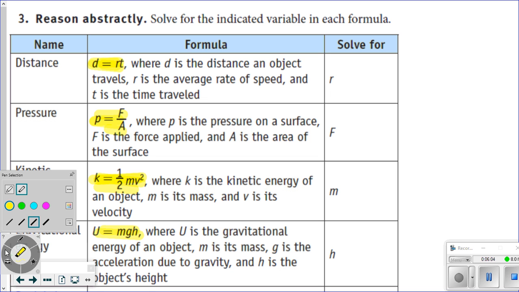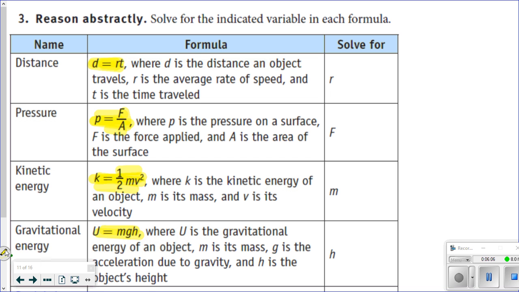Now, if we were plugging something in, we would need the explanation that D stands for distance, R stands for rate of speed, but we can ignore all of that for now and just focus on the formula or the literal equation. This last column right here is really important because it tells us what to solve for.